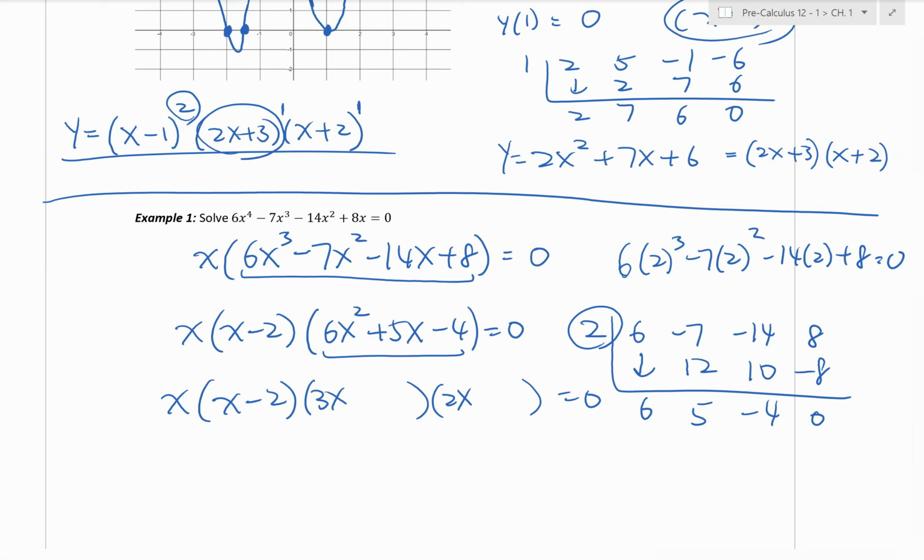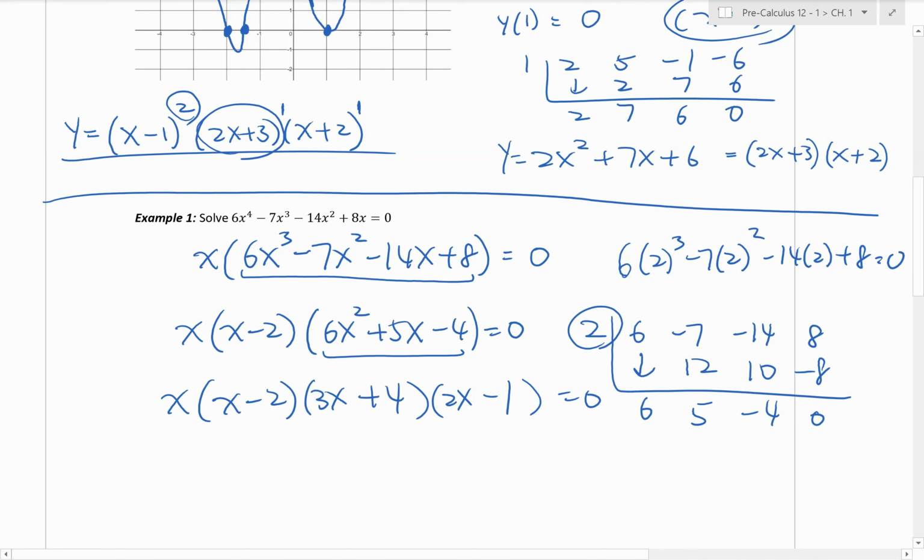Or not as easily as I thought. I think it's plus 4 and minus 1 here. 3 times negative 1 is negative 3. Yep, that's right, that works. Okay, so 3 times 2 is 6. 3 times negative 1 is negative 3. 4 times 2 is 8. 8 plus negative 3 is 5. Yeah, that's perfect. And 4 times negative 1 is negative 4.